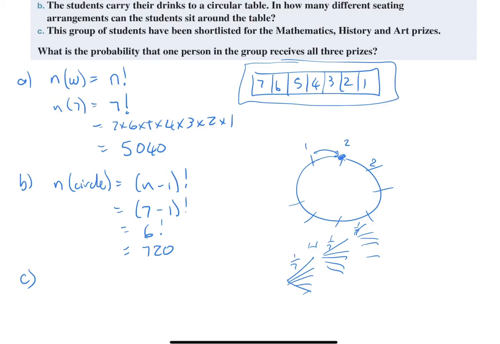But there are also 7 students this can happen to. This method, 1 in 7, 1 in 7, 1 in 7, would have worked if they had said for a specific student. But this question says for any one of the 7 students. So although there's a 1 in 7, 1 in 7, 1 in 7 way, which means 1 times 7 times 1 times 7 times 1 times 7, there are 7 different people that can do it, so this will be times 7.